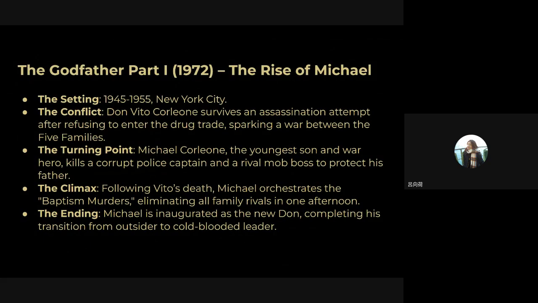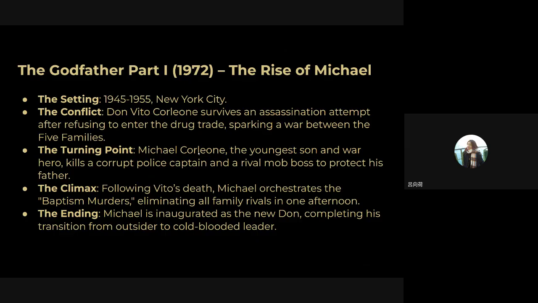The first part of the movie was released in 1972, and it talks about the rise of Michael, the main male character in this movie, and Don Vito Corleone is his dad.